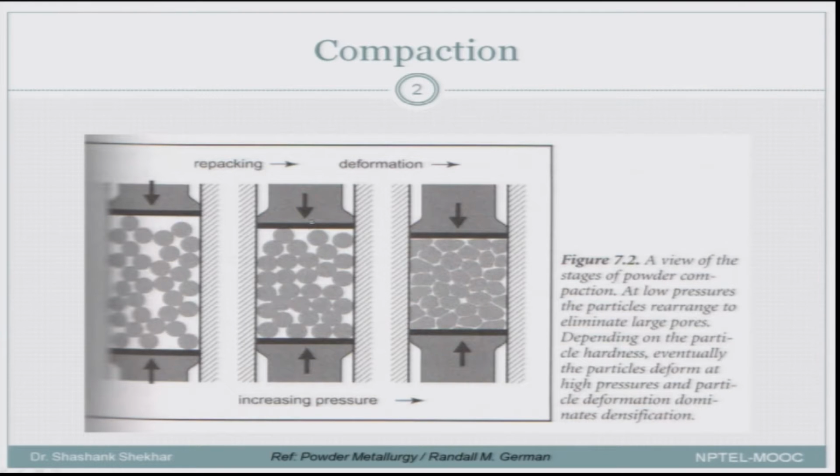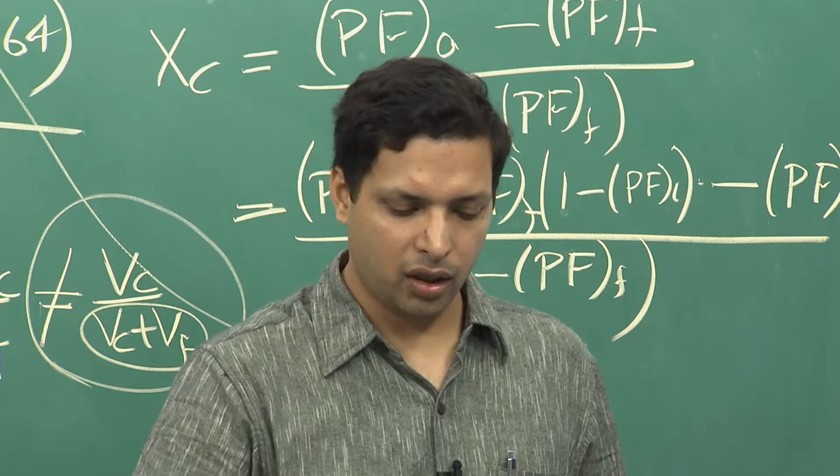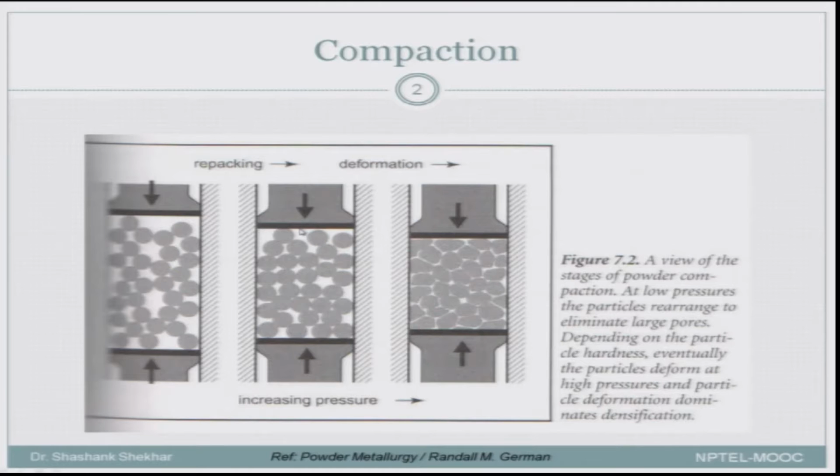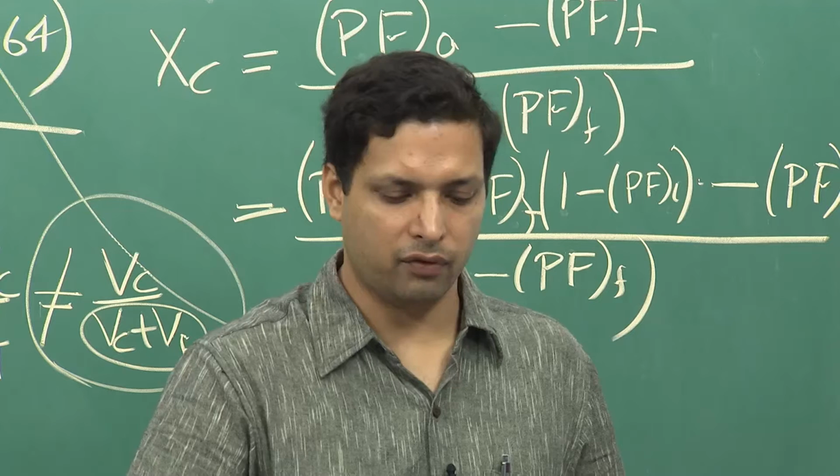If you start to press it from the top and bottom with just a little amount of deformation, maybe even negligible deformation, the particles will rearrange. They will rearrange in a way so that more space can be created, and this will give a much larger improved theoretical density or improved packing fraction.